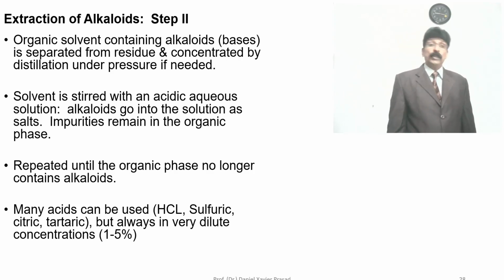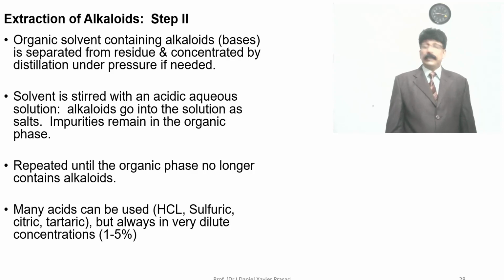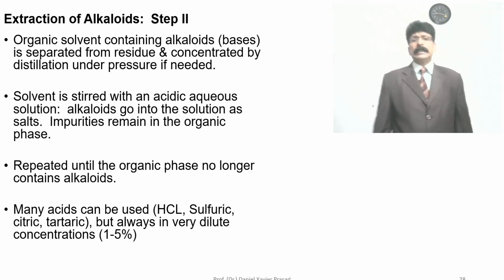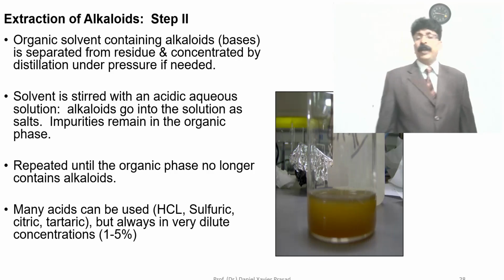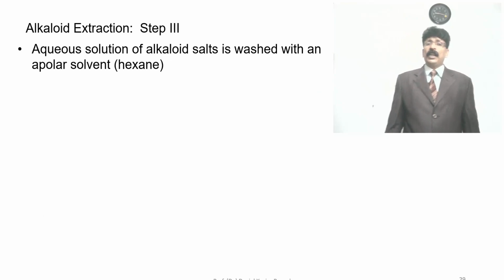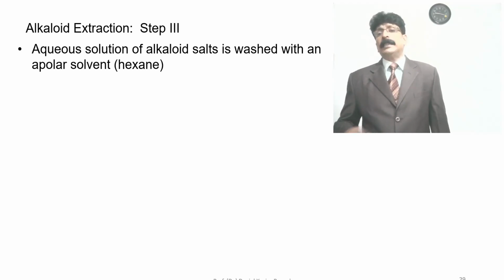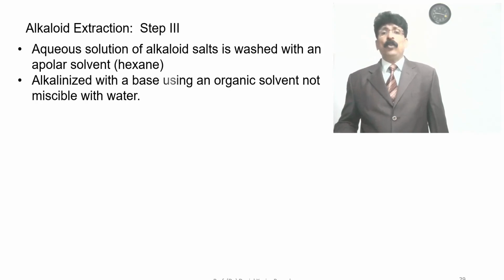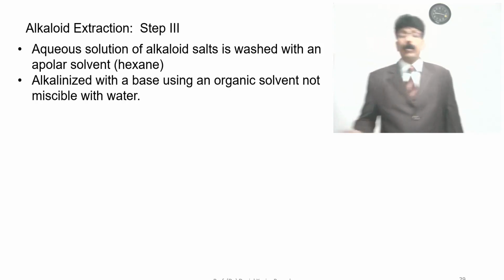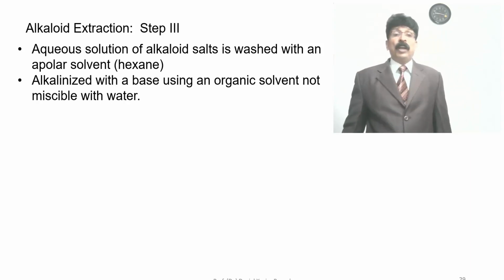Many acids can be used, like HCl, sulfuric acid, citric acid, and tartaric acid, which are organic acids, in dilute 1 to 5 percent. In the third step, the aqueous solution of alkaloid salts is washed with an apolar solvent, that means very low polar solvents like hexane or petroleum ether, and alkalized with a base using an organic solvent not miscible with water.